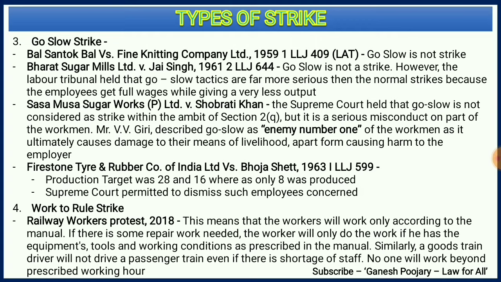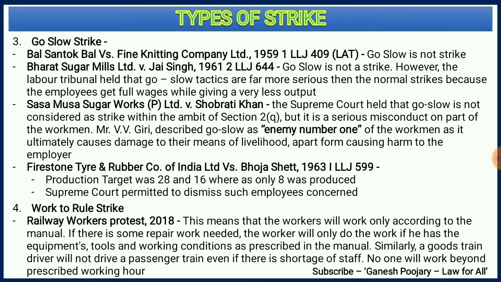Here the target was 28 whereas the production was only 8, or in another case the target was 16 whereas the production was only 8, and the Supreme Court permitted dismissal of such employees because their go slow was causing loss to the employer. That way you need to remember that it is a dangerous tactic which can be utilized by the workman. That is all about go slow strike.